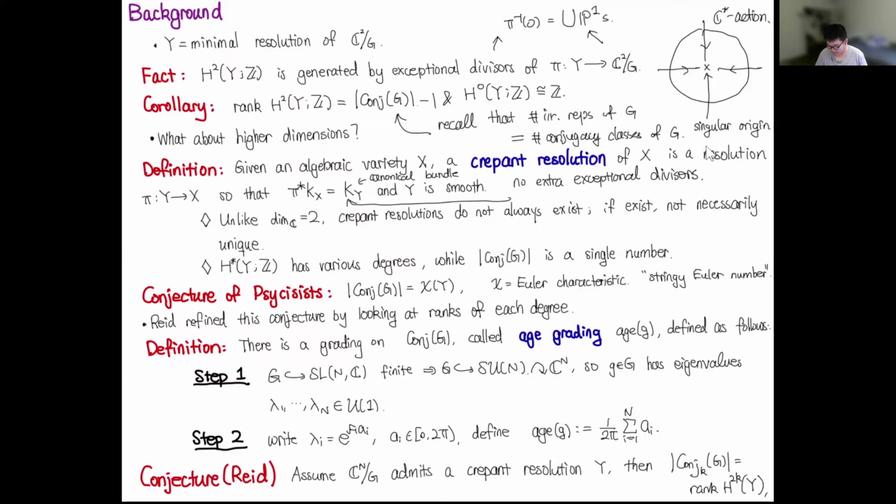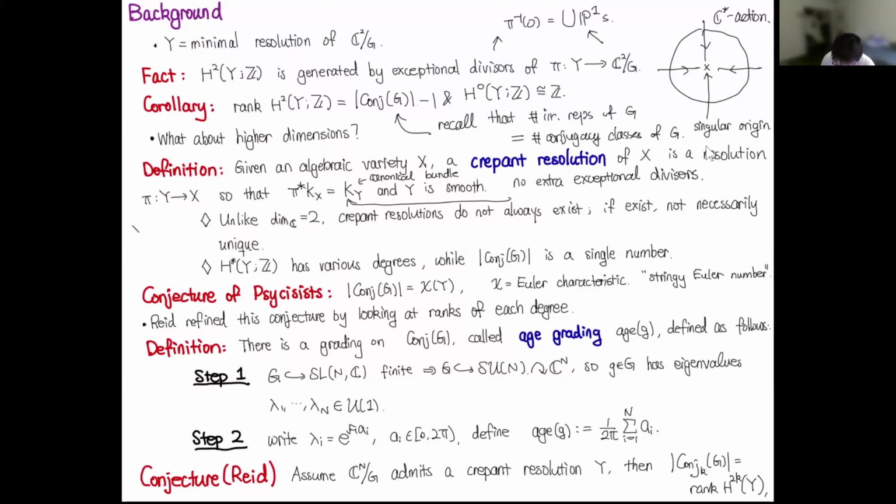If you are not familiar with algebraic geometry language, the canonical bundle just means the cotangent bundle of Y. So what this means is that if you take a resolution, you pull back the canonical bundle of your singular variety to the canonical bundle of the smooth variety, but with some corrections. The corrections come from possible extra exceptional divisors, and the Crepant condition tells you this should not appear.